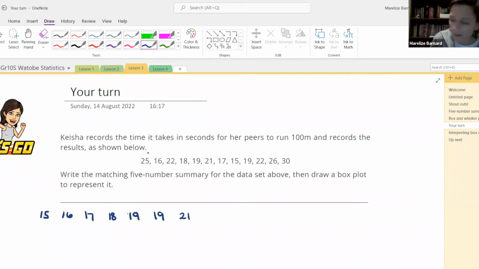I'm helping you along a little bit by arranging the data. Okay, and as soon as you have it, sorry, I'm reading the chat and I'm trying to speak. There's so much happening in the chat. As soon as you have your 5-number summary, pop it in the chat.